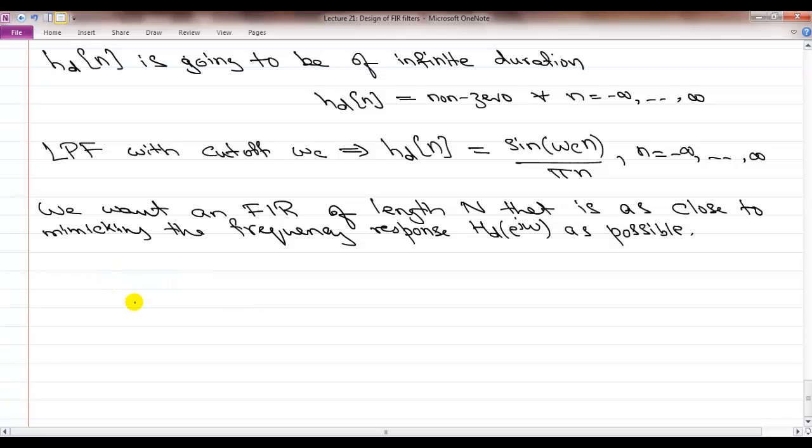Here I'll use a different notation because your book uses that notation too, so I want to be consistent with that. Let's call N equal to 2M plus 1. We would ideally want a symmetric filter; we'll call it a type 1 filter. Initially we'll ignore causality.